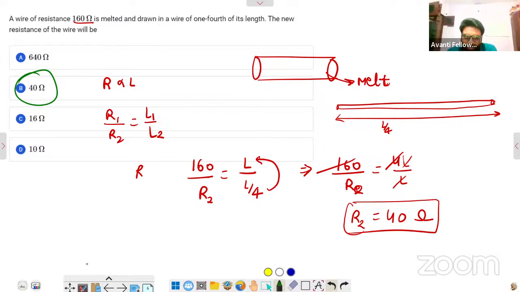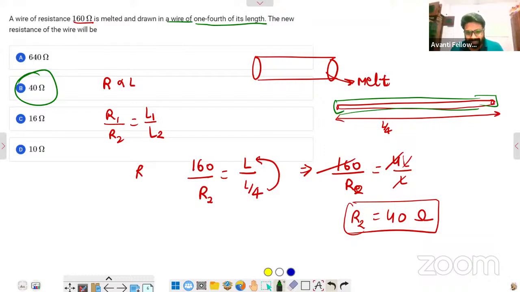Most of the students will get confused here. The wire is 1/4 of its length, which means the length has been reduced from the original length. Sneha has got it right. So I was solving it in a wrong way, but no one questioned why I had shown increased length.